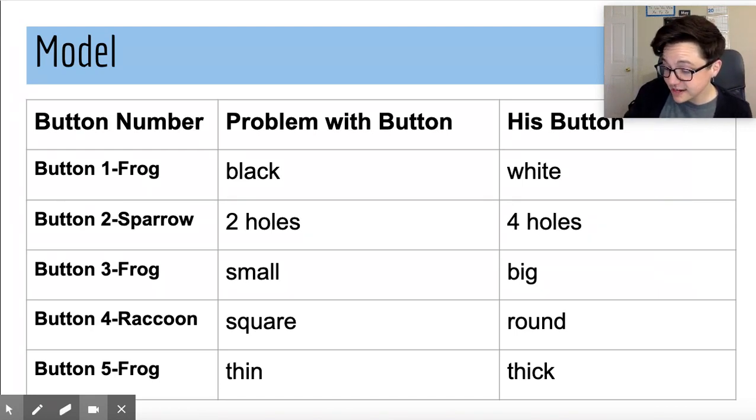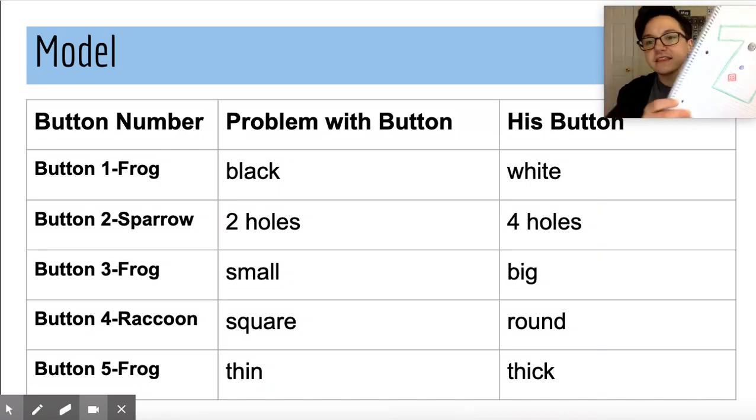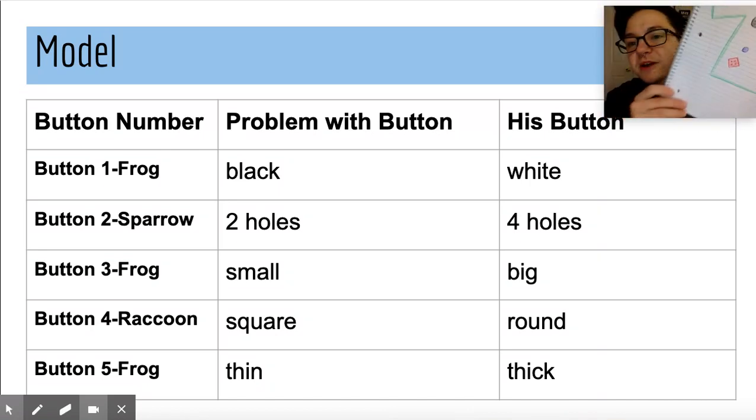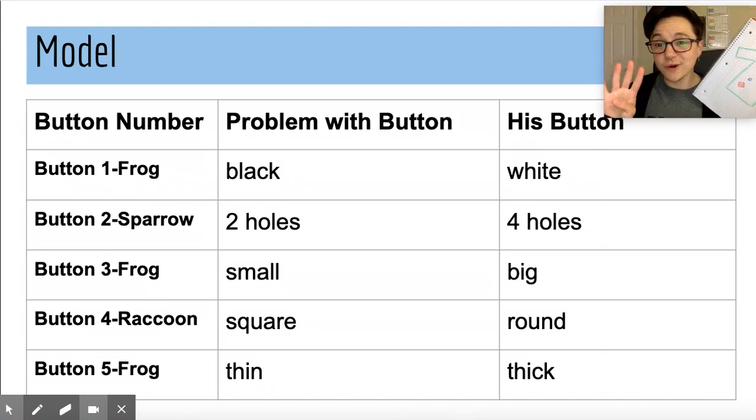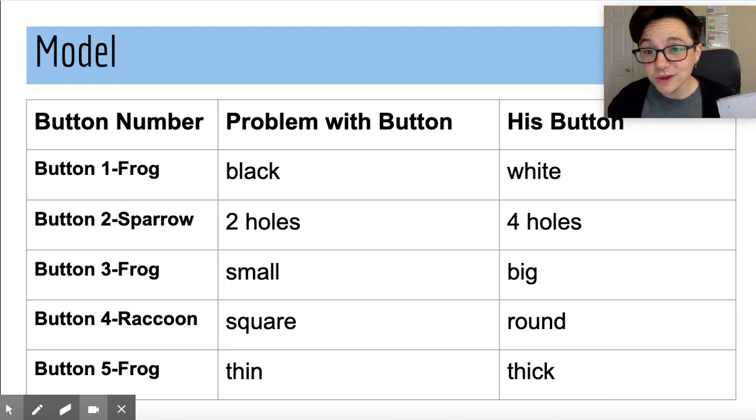And this time it needs to be a square button. This time I drew a red square button, and I chose for it to have 4 holes in it again, because when there are more holes in a button, you can use more thread and make sure that they're going to stay on super well, just like in the story.